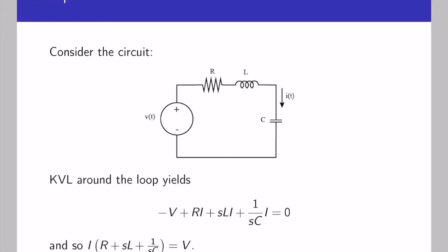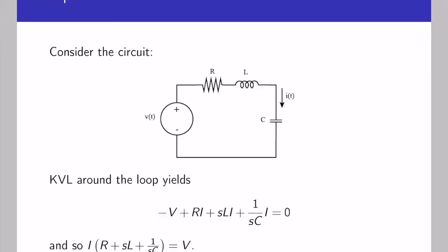We can use Kirchhoff's voltage law to write an equation going around the loop. We get minus V plus R times I plus SL times I plus 1 over SC times I is equal to 0, where S is the Laplace transform variable.